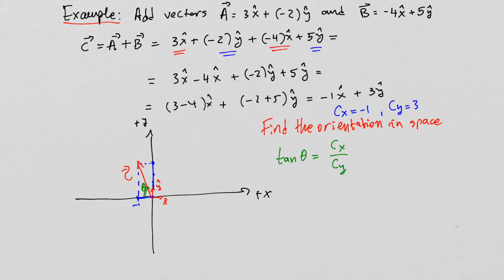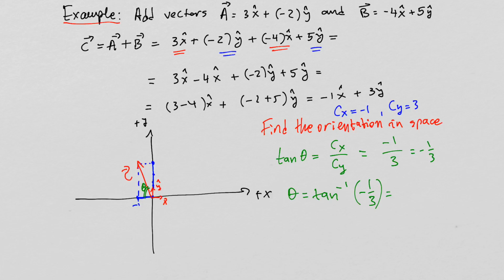There you go. So now I can substitute Cx with minus 1 here and Cy with 3 here. And let's see what that looks like. So that is equal to minus 1 divided by 3. So that is minus 1/3. All right, but I want the angle theta. So that means that I have to take inverse tangent of minus 1/3 to get what theta is equal to. So theta is equal to tan inverse of minus 1/3, and this is equal.